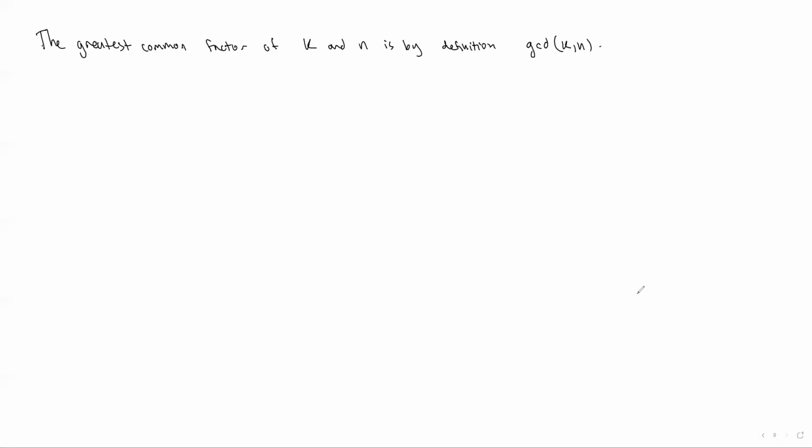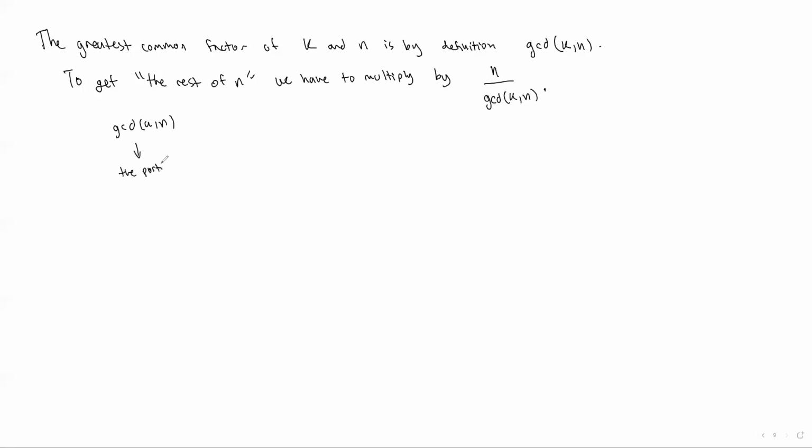GCD(k, n) is exactly the amount of n we have covered, because it's the largest common factor of n and k. So to get the rest of n, we have to multiply by n over GCD(k, n). So that's the rest of n. GCD(k, n) is the portion of n contained in k.